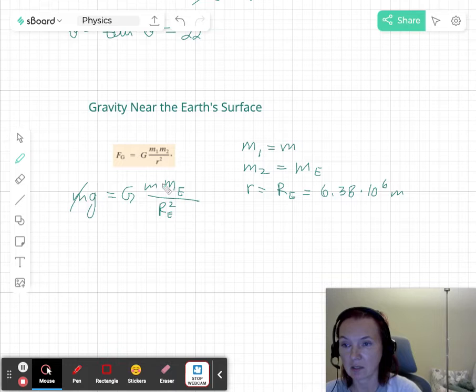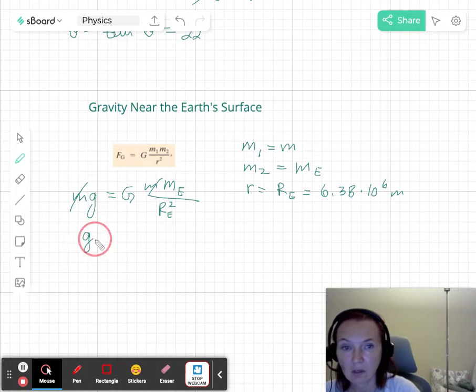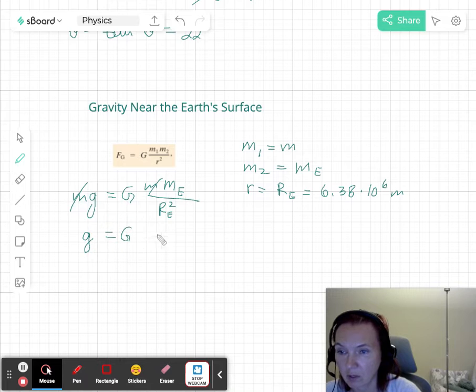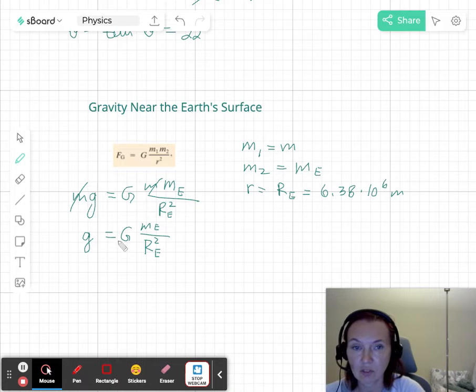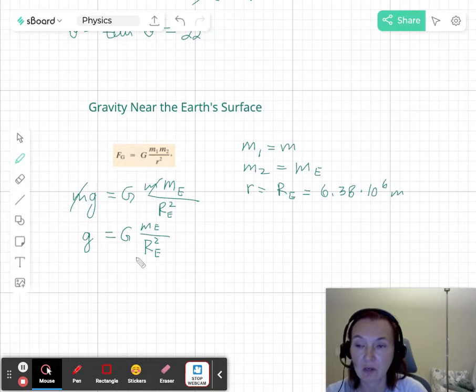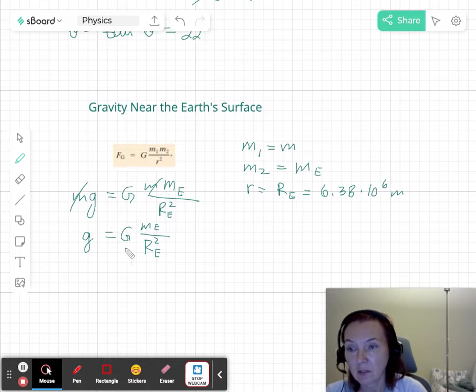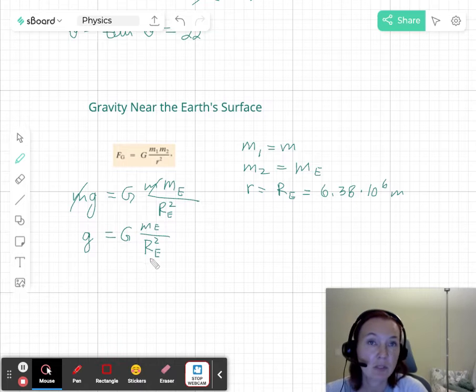Well, we can see that the masses cancel out, and therefore the acceleration of gravity on the Earth's surface has to be equal to G times the mass of the Earth over the square of the radius of the Earth. Notice how the acceleration of gravity, the lowercase g, and the capital G, the constant, are not the same. They are related, however, by this equation. So they're connected.